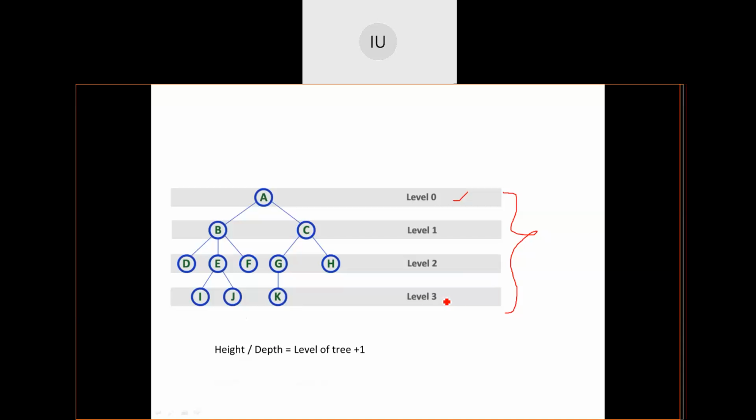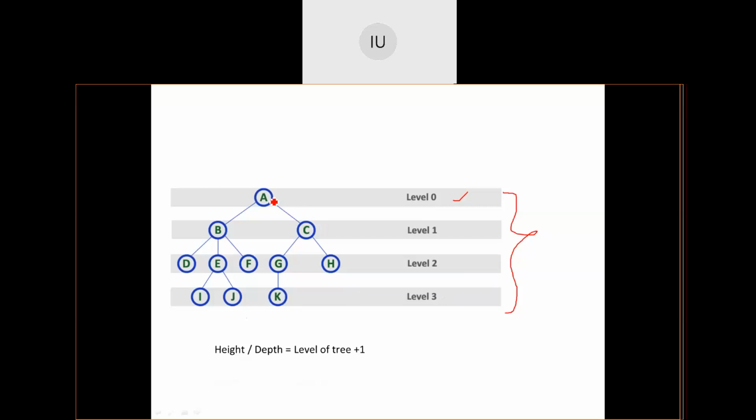Whereas the height is always 1 above the level of the tree, because height is always measured in the positive direction, never considered with 0, whereas level is considered starting from the 0th level. That's why level is always height minus 1, or height is always level plus 1.